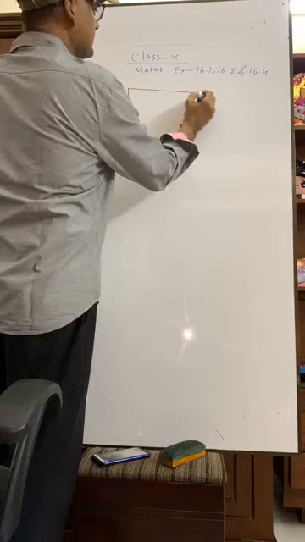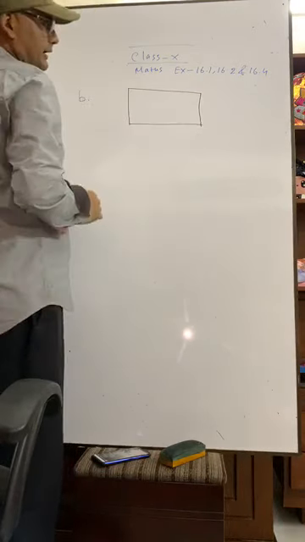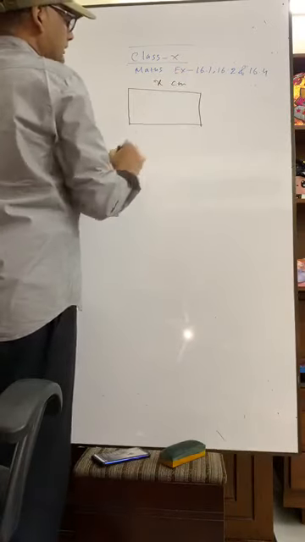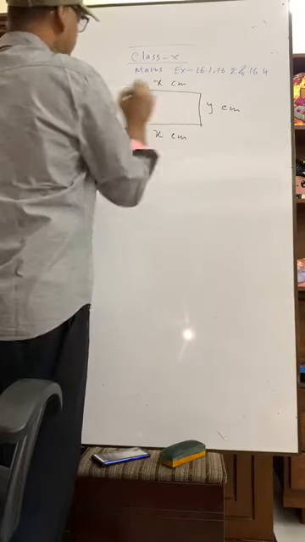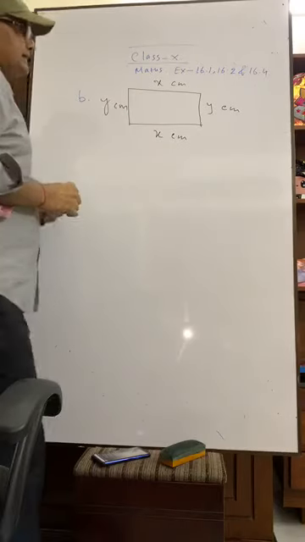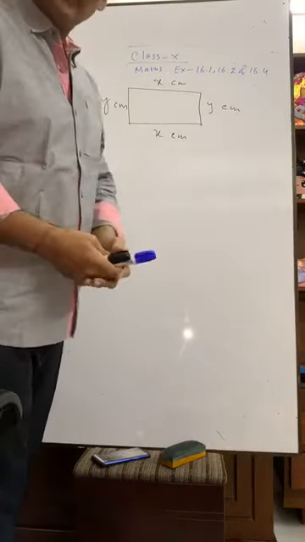This is a rectangle. It is x centimeter, y centimeter, and also y centimeter. That is, the length is x centimeter, and the breadth is y centimeter.